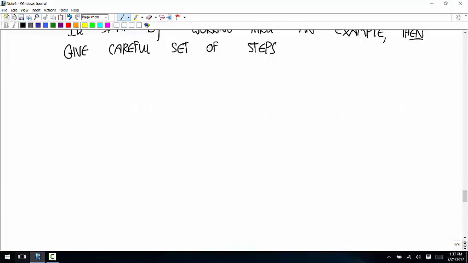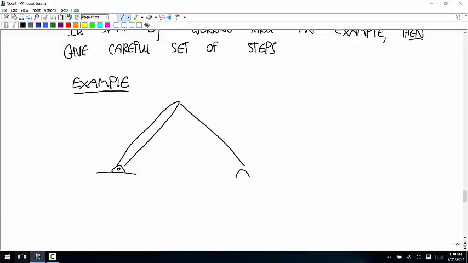All right, so here's the first example we're going to do. This is an equilateral triangle connected by pin joints.